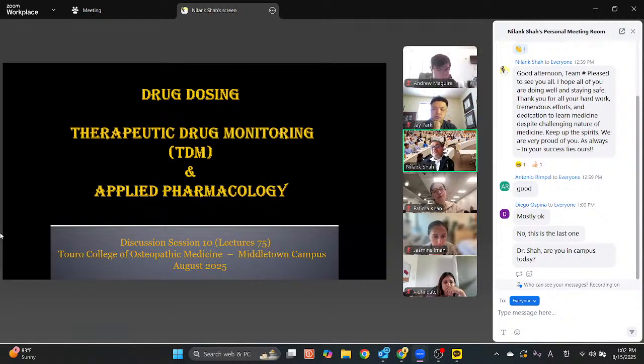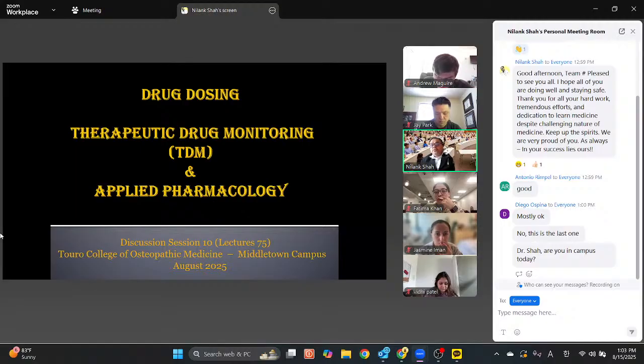Once you start practicing medicine, you have to prescribe certain drugs that have a low therapeutic index, or you can say the margin of safety of certain drugs is very low. They are not safe to use in the long run, but you don't have too many options available, so you have to use those drugs in the clinical setting.